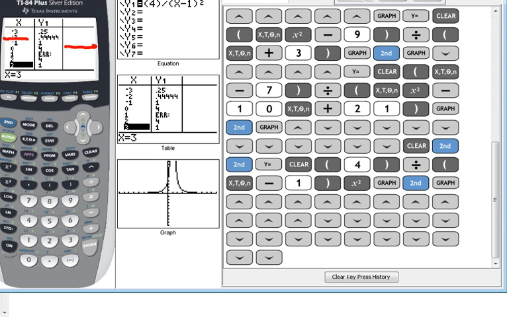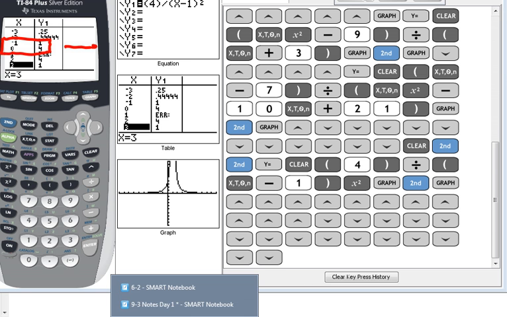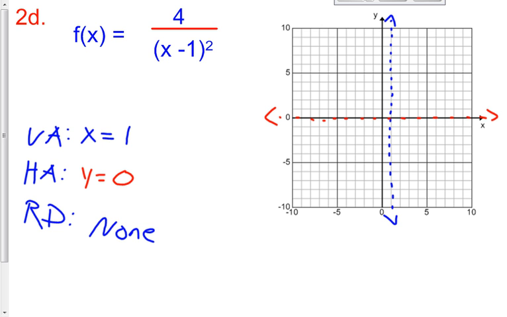So these 2 points left of my vertical asymptote are at negative 1, up 1, and at 0, 4. Negative 1, up 1, and at 0, 1, 2, 3, 4. So these 2 points I'm going to connect, and they're going to follow my asymptotes.